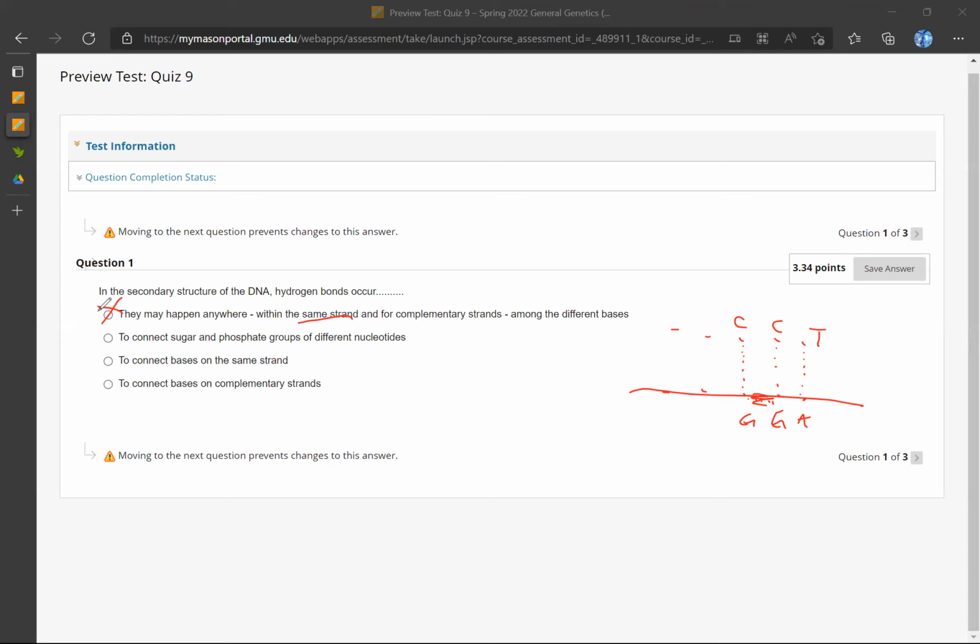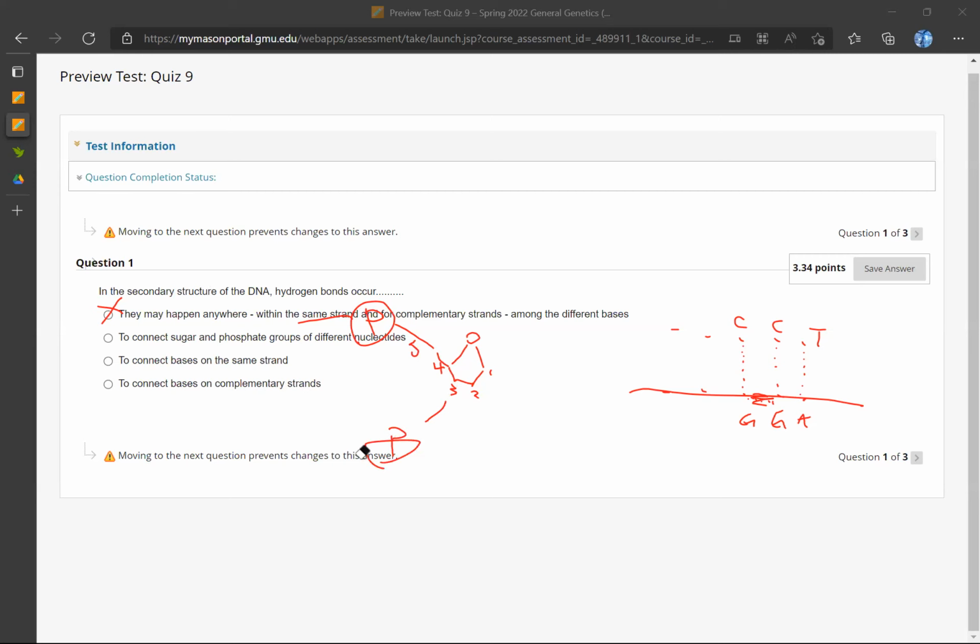To connect sugar and phosphate groups of different nucleotides. So we remember that we have our basic structure of DNA, where we have our 1, 2, 3, 4, and 5 prime carbon. This 5 prime carbon attaches to a phosphate backbone. This 3 prime carbon attaches to a phosphate backbone.